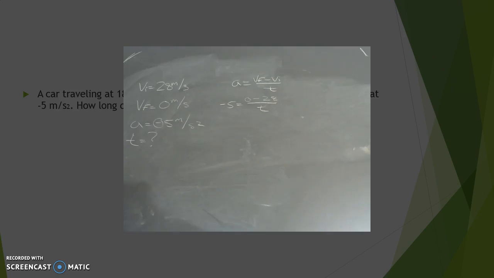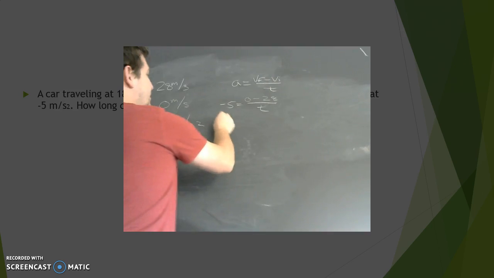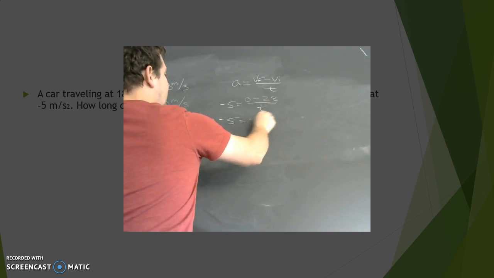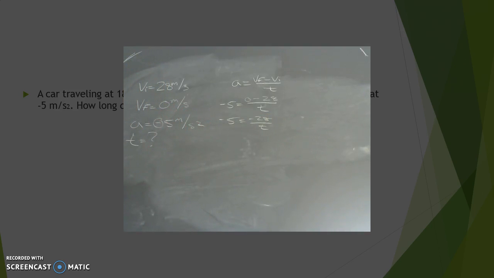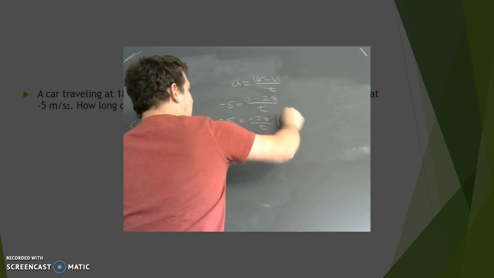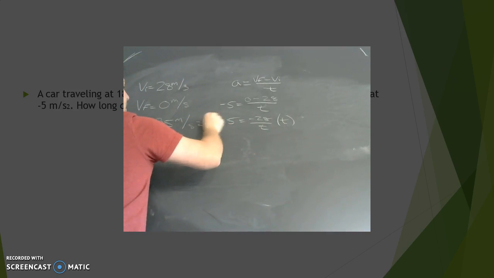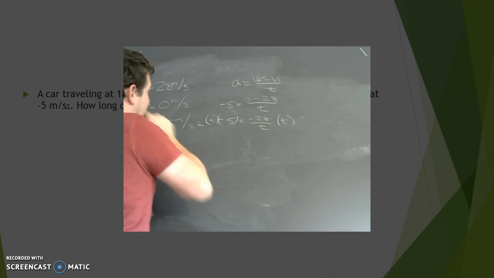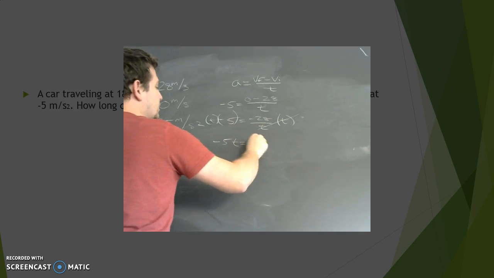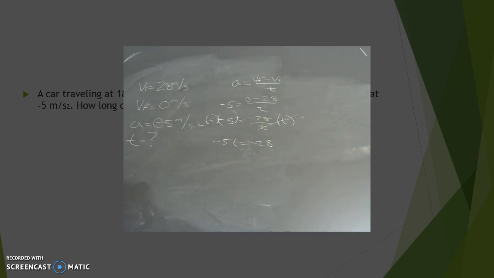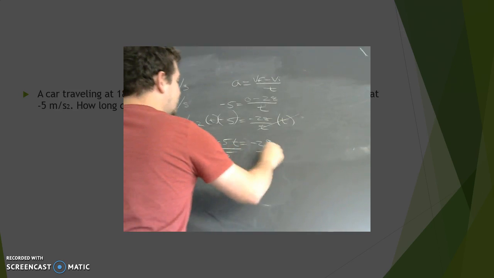So to start things off, we're going to simplify a little bit first. So we get -18 over t. And we know from our algebra skills that we need to multiply both sides by t to get it out of the denominator. That'll cancel, and we get -5t equals -18. Okay, to solve this then, we divide both sides by -5.